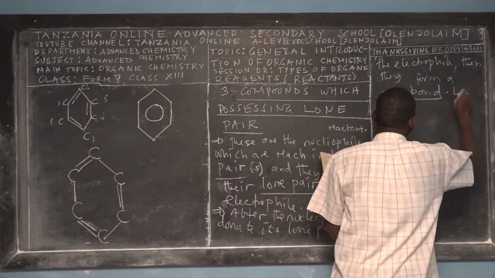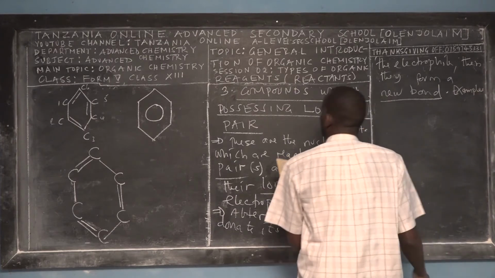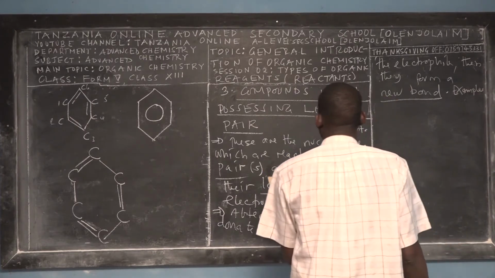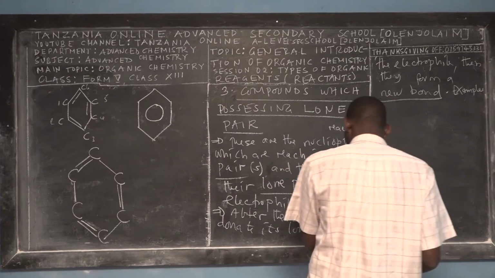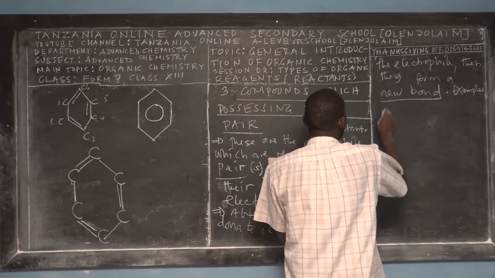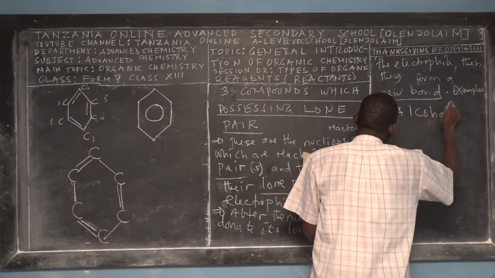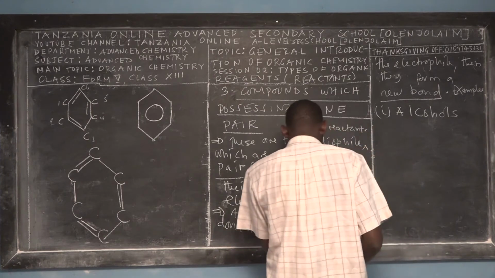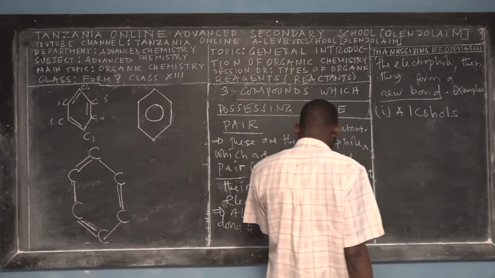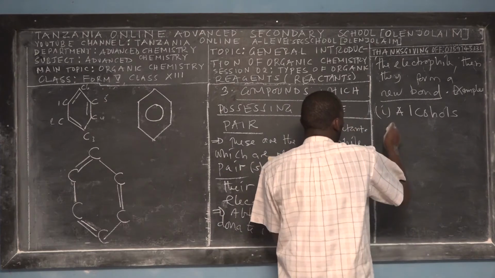Examples of nucleophiles which possess lone pairs. I can also give you, in terms of compounds, alcohols. You know alcohols. What happens if a person drinks alcohol? Okay, alcohols. Why alcohols?